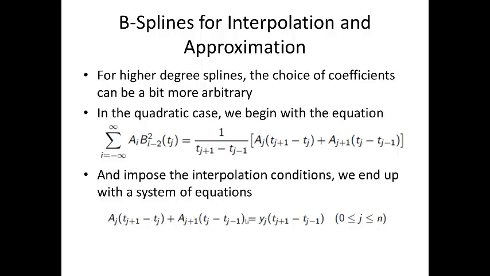In the quadratic case, we can begin with the equation found under the second bullet point here and impose interpolation conditions, so we end up with a system of equations for j between 0 and n. What we get here is a system of n plus 1 linear equations and n plus 2 unknowns. Those unknowns are a_0, a_1 through a_n.